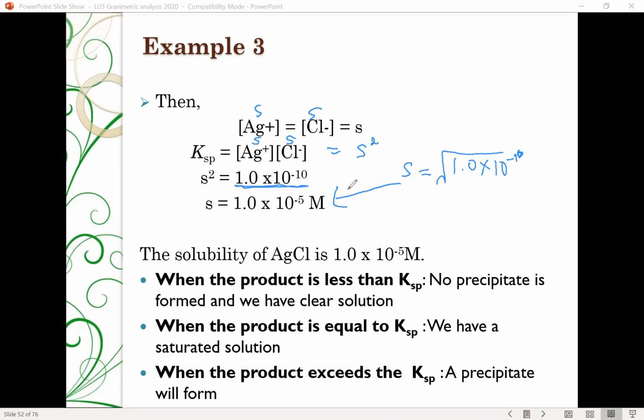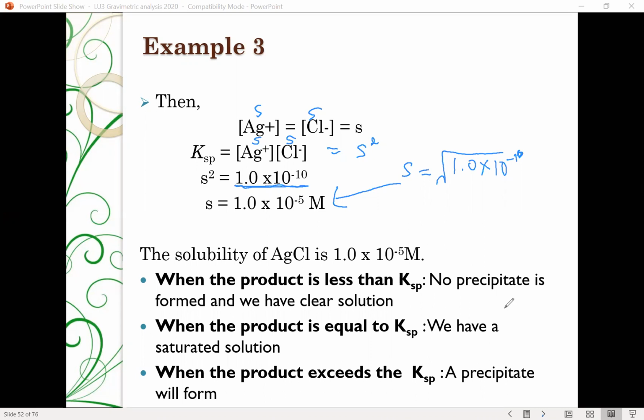So when the product is less than Ksp, no precipitate is formed and we have a clear solution. But when the product is equal to Ksp, we have a saturated solution. And when the product exceeds the Ksp, a precipitate will form. So in this case, what do you think is happening? Either precipitation forms, or saturated solution, or no precipitation will form.